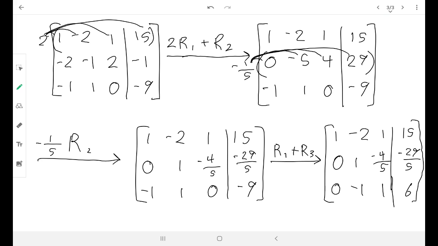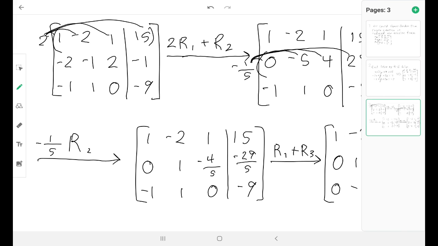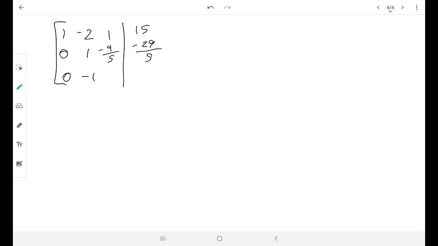Okay, so let me start a new board here, and I'll put this same matrix up there. So we've got 1, negative 2, 1, and 15. Then we've got 0, 1, negative 4 fifths, and negative 29 fifths, and 0, negative 1, 1, and 6.